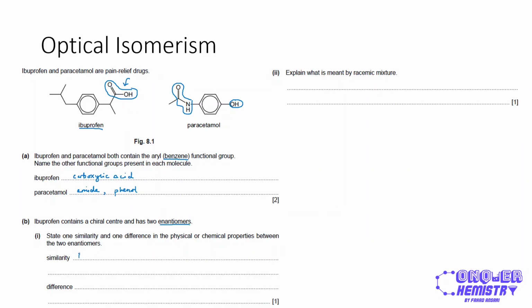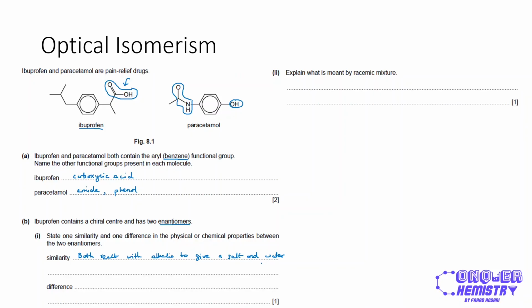So we could say that both react with alkalis to give us salt and water, for example. So this is one similarity in the chemical properties. This is one reaction that both undergo, right?